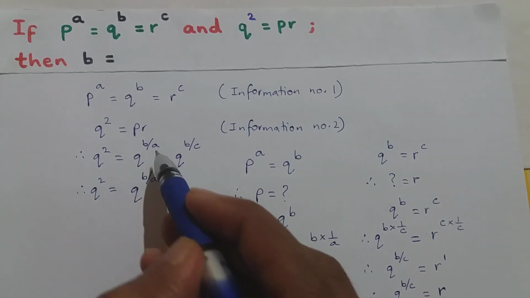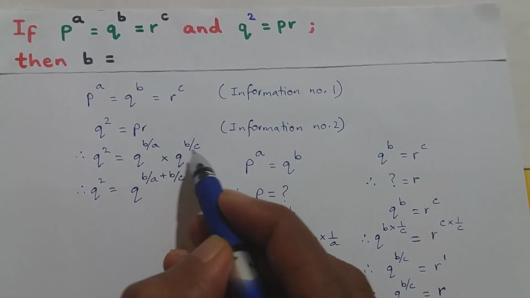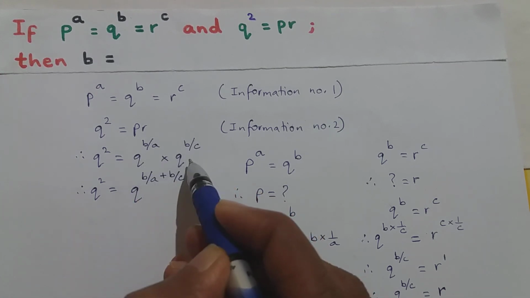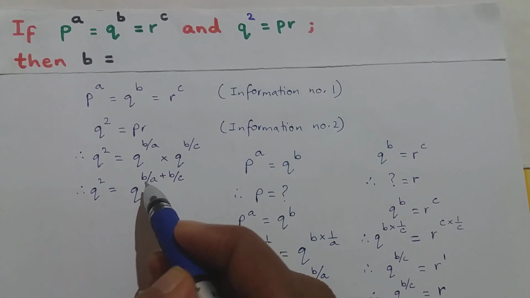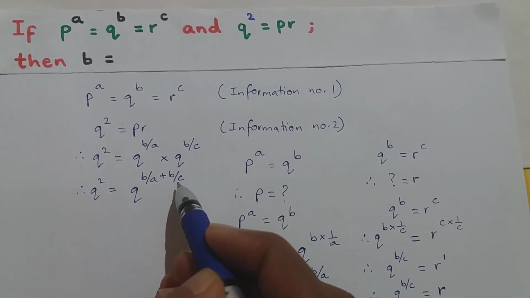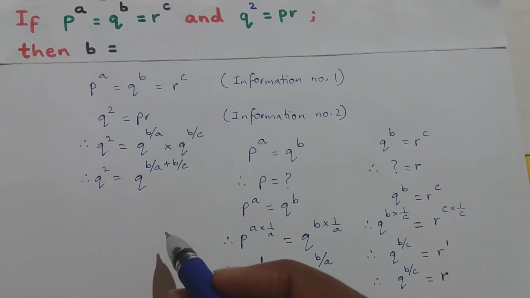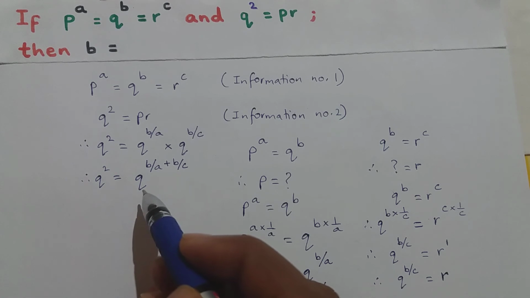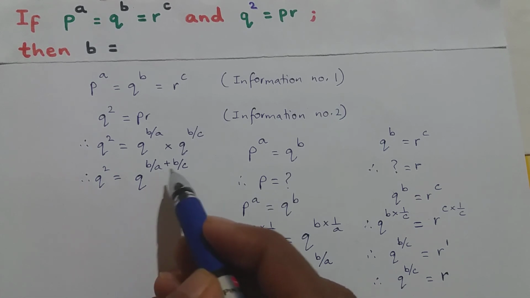So it becomes q square is equal to q to the power b by a plus b by c.